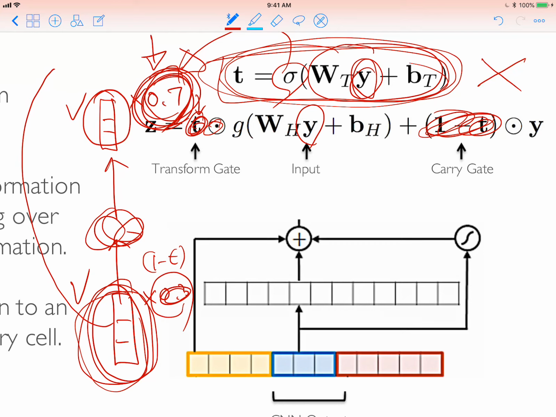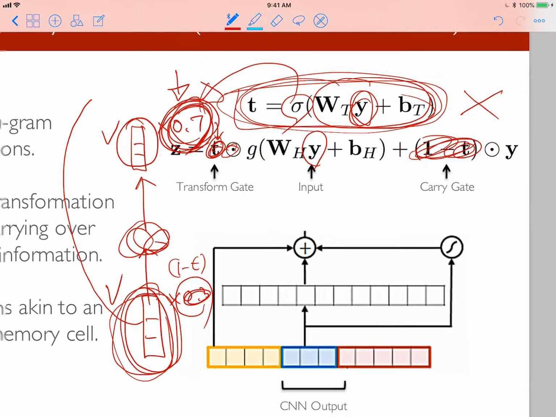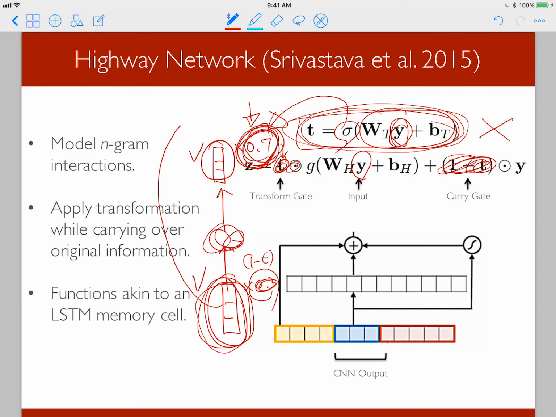In practice, people find that just a residual network architecture is enough for many applications. But at least this one is called the highway network.